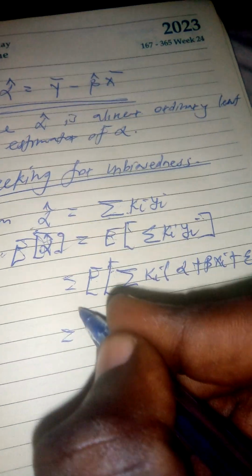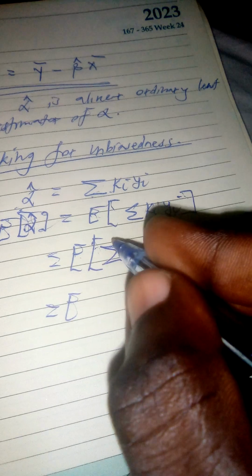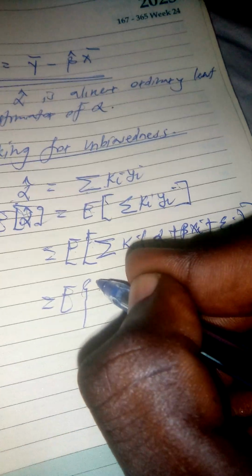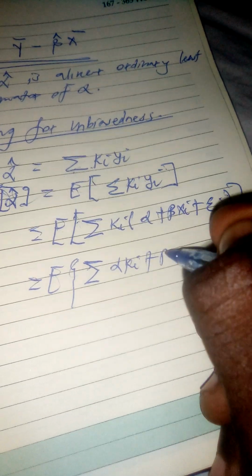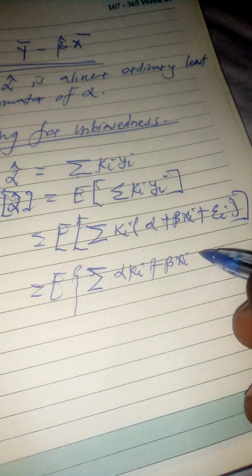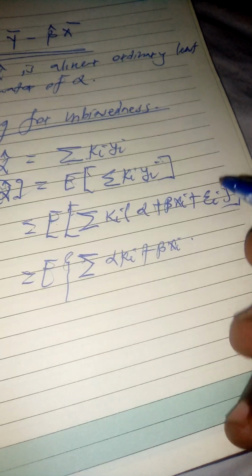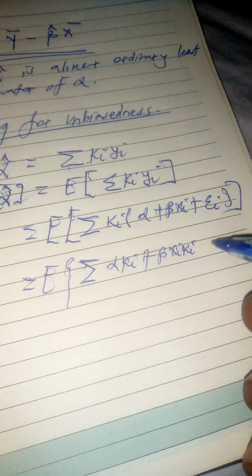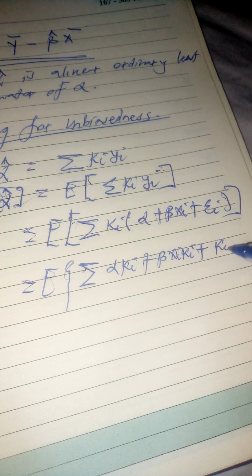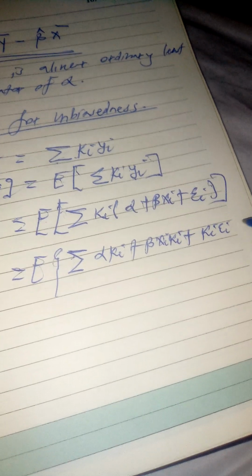So this is the same as the expectation of the summation of alpha ki plus beta xi ki plus ki times the error term i.